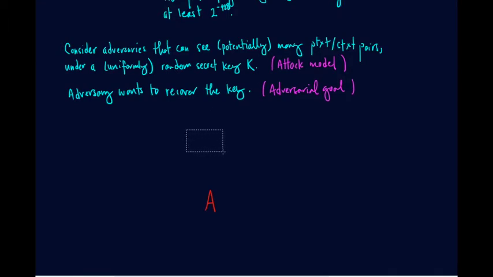Here's our box, and the adversary is given access to a black box whose functionality is E sub K, where K, here's some new notation, is the assignment operator, but with a dollar sign over the top of it.